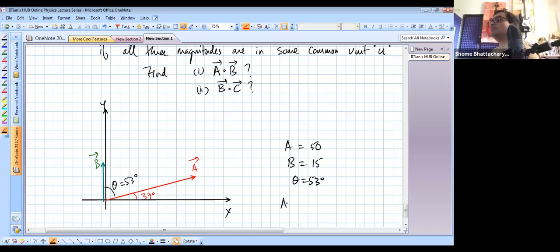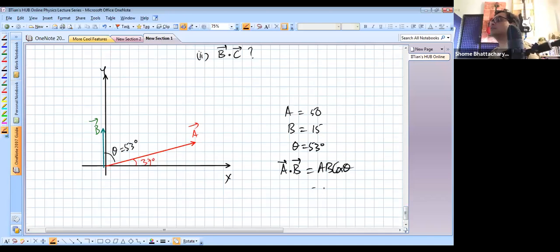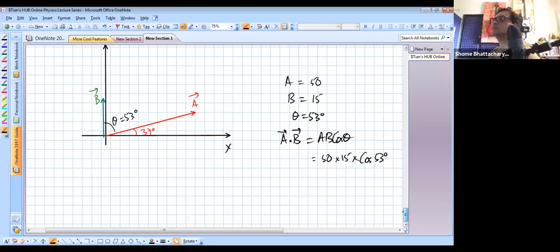So by definition, A dot B is becoming how much? It is becoming AB cos theta. So it is 50 into 15 into cos of 53 degrees. And it's a matter of keeping in mind that cos 53 is 4/5.